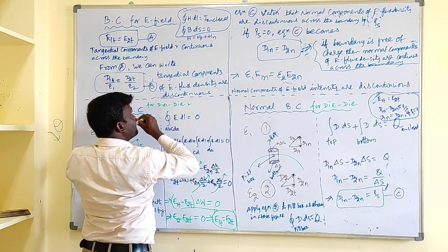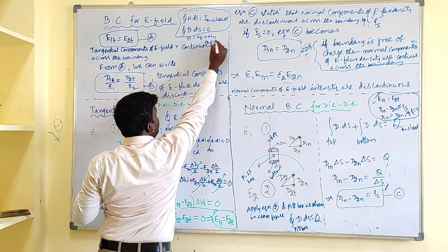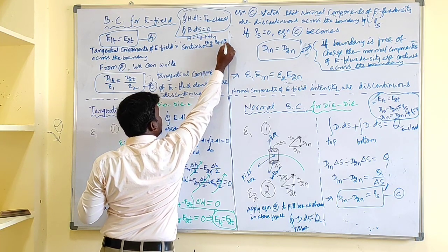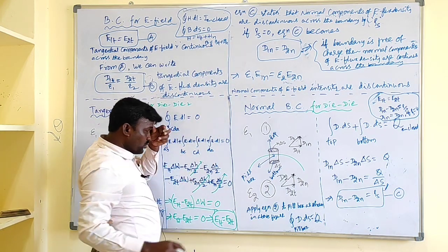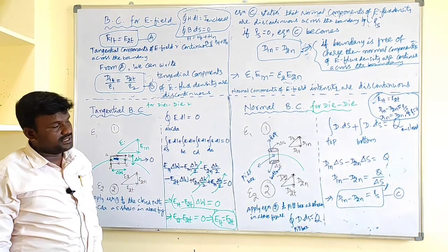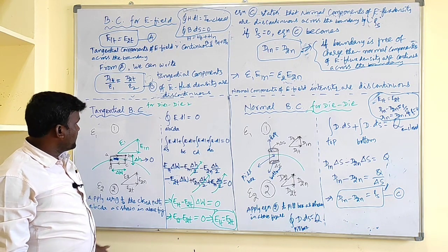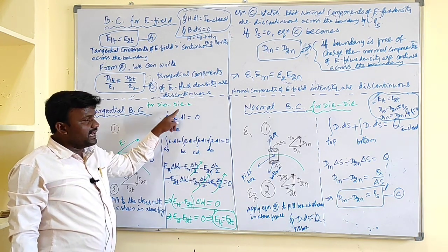H should be taken as Ht plus Hn, and B as Bt plus Bn. That means we need to decompose these field components into two orthogonal components, one tangential and another normal. This is about the derivation of the boundary conditions for the electric field at an interface of dielectrics.